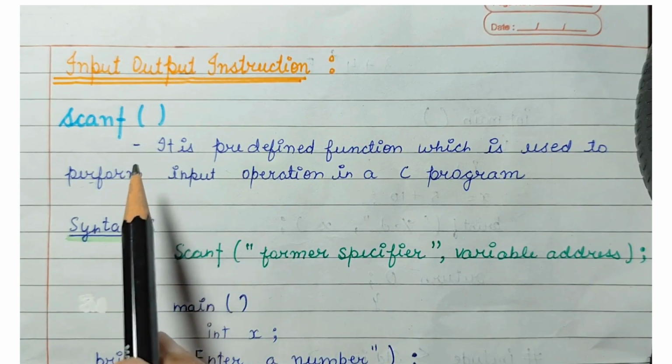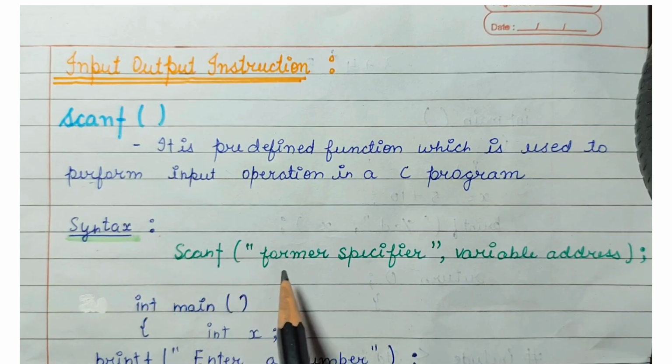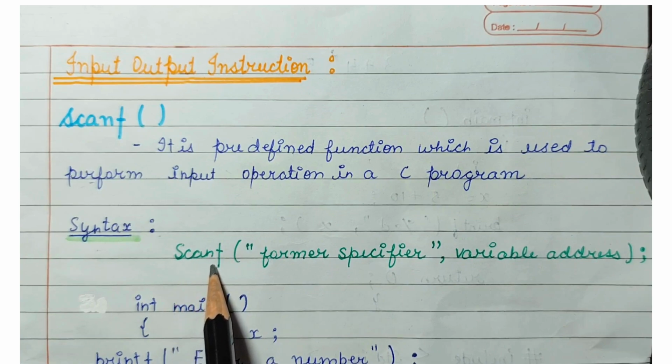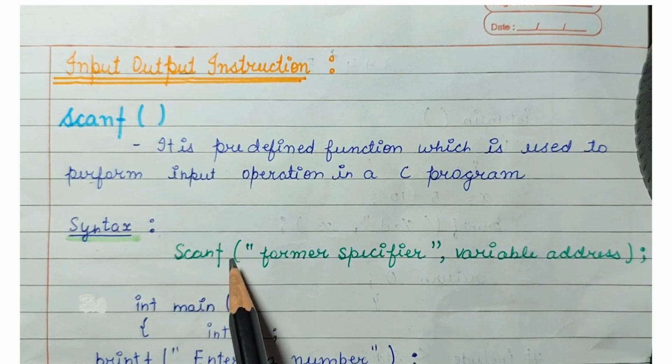So first we discuss what is the syntax to use the scanf function in a C program. You have to write scanf in small letters. If you write scanf in capital letters, the compiler gives you an error because this is a predefined function. That's why we have to write scanf in small letters. After scanf, include round brackets.